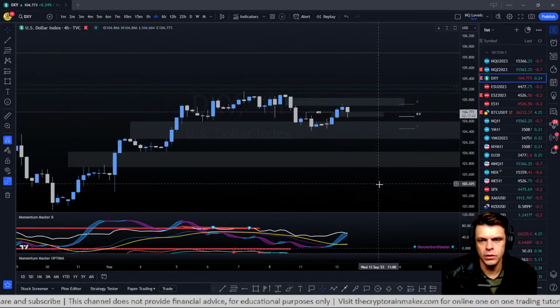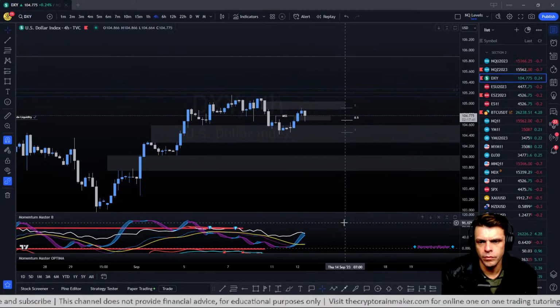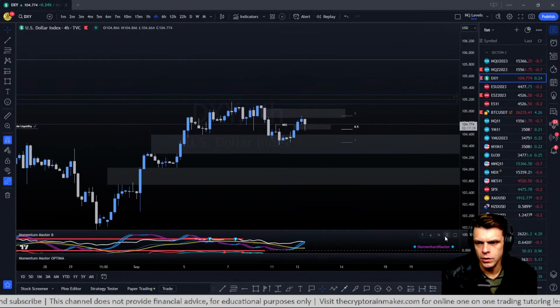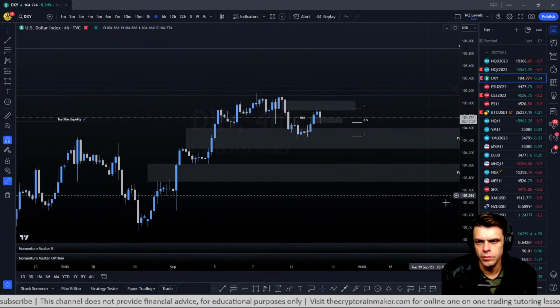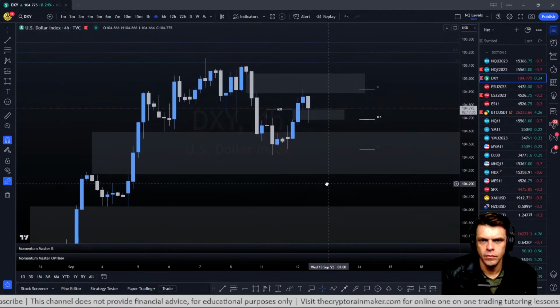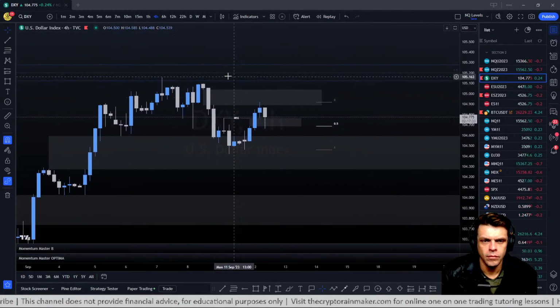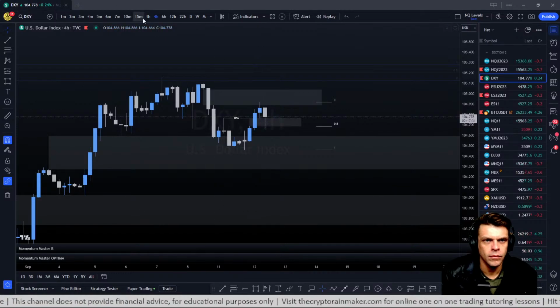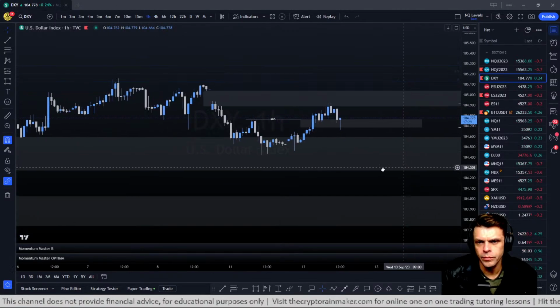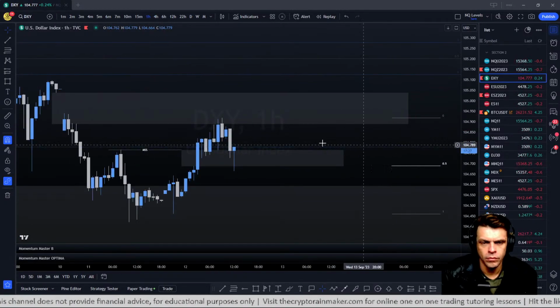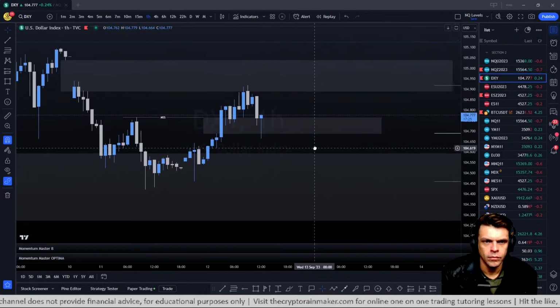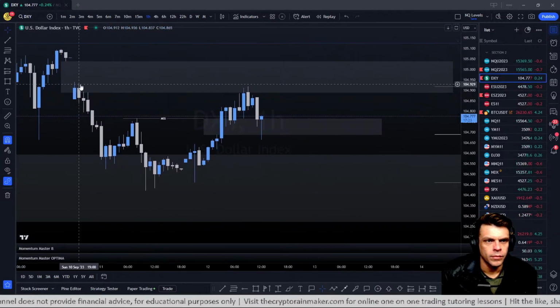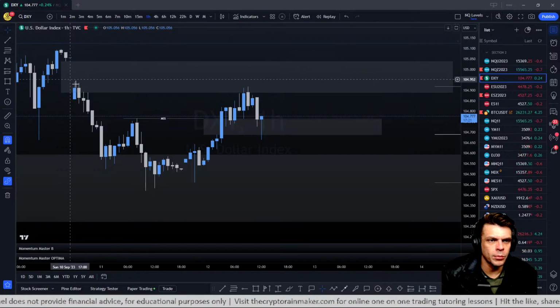Okay, so the daily is definitely bearish. Gonna switch off this for a moment. Have a look at the 1 hour. Okay, so we still have that gap right there.